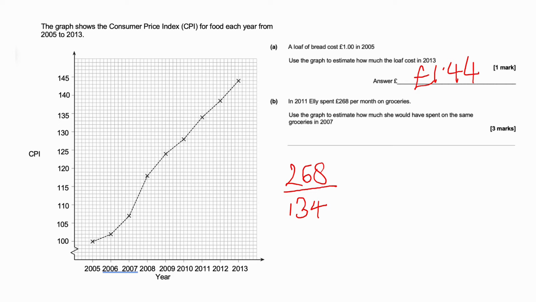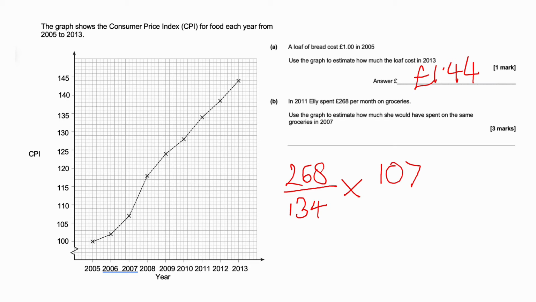So we can work out this fraction and then multiply it by whatever the number in 2007 was, which is, trying to read it, it's not easy with these lines, 106, 107, maybe 107. I'll check the answers in a minute, and multiply it by 107, and that would give us the answer.